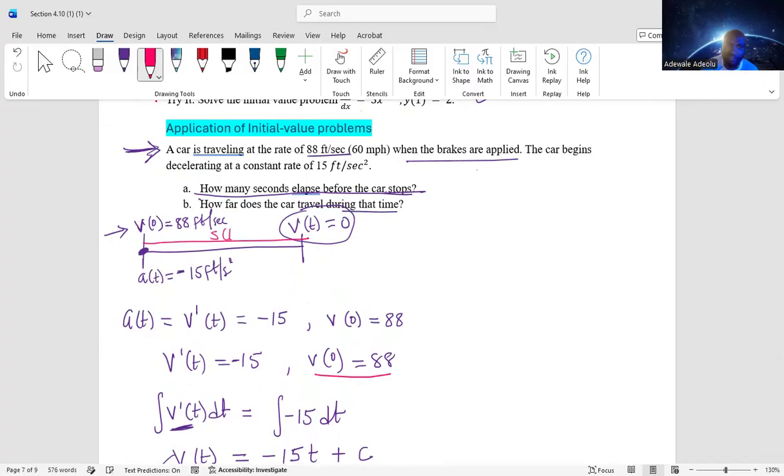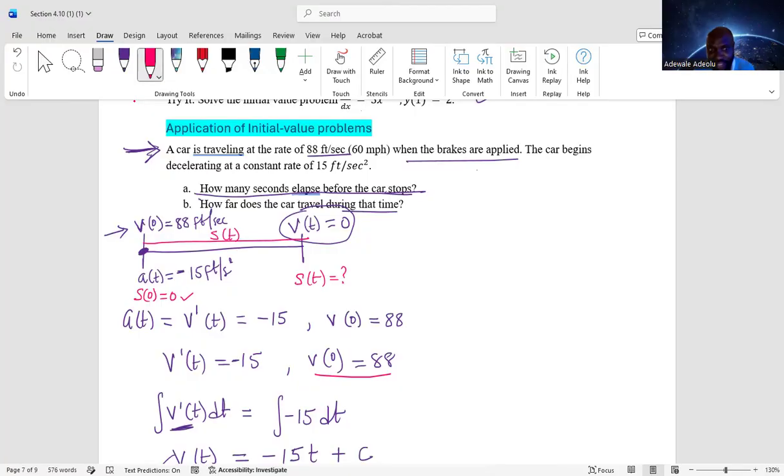So let's call it S of t. At the very beginning, we know that distance is zero. At the point when you start to apply the brake, the distance is zero. At the end, that is what we are looking for. S of t, what is it? So you can see I've been able to find an initial value here.